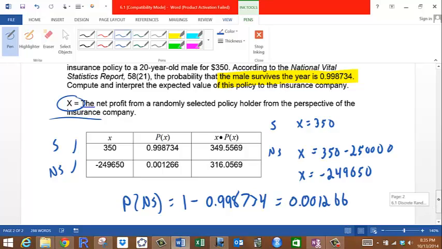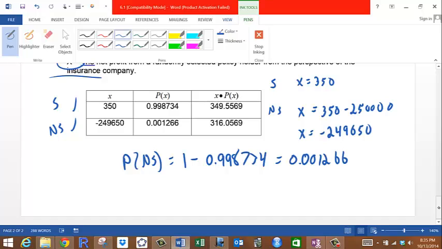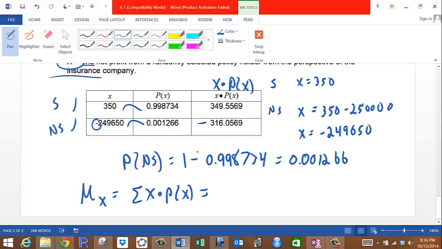Okay. And so now, remember we're trying to get the mean, so we need to take the sum of x times p of x. So we're going to create a column called the x times p of x column, which is here. And we just multiply this number times this number and this number times this number. Make sure you pay attention, a negative times a positive is a negative. I left off my negative sign here.